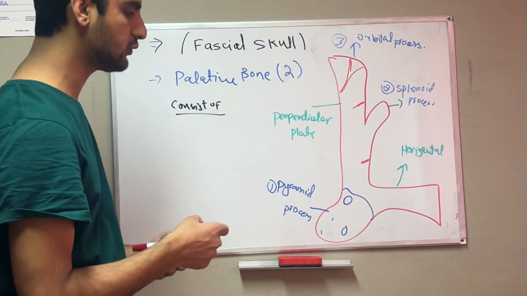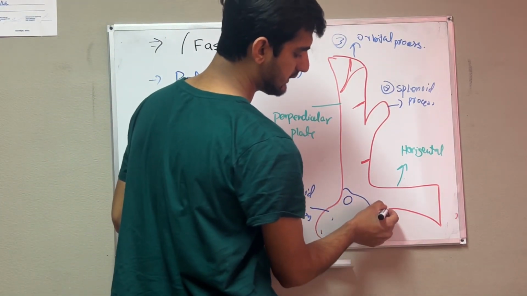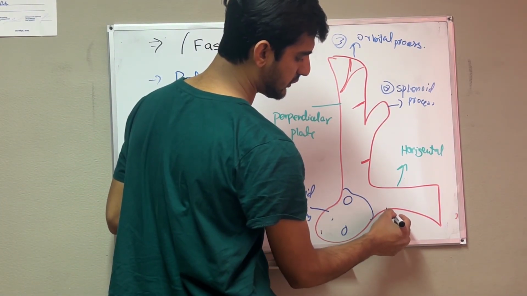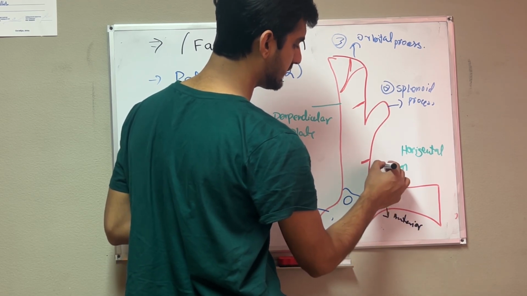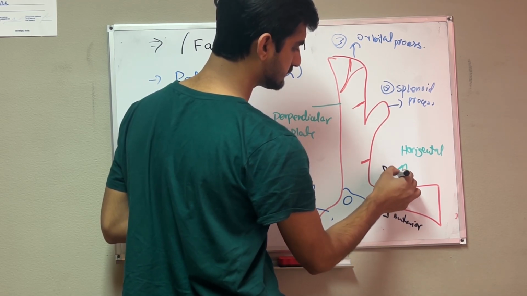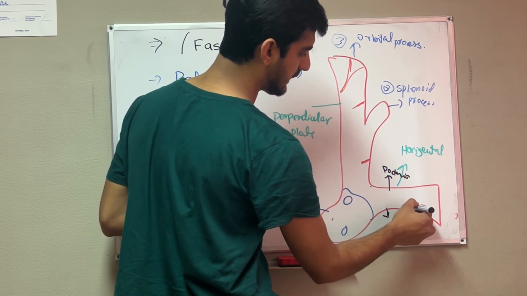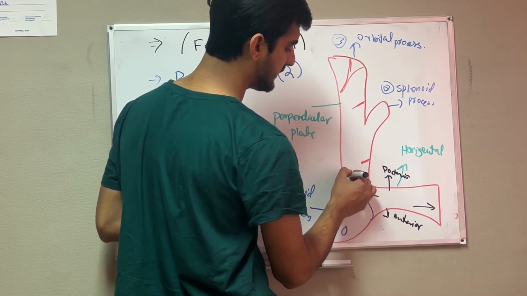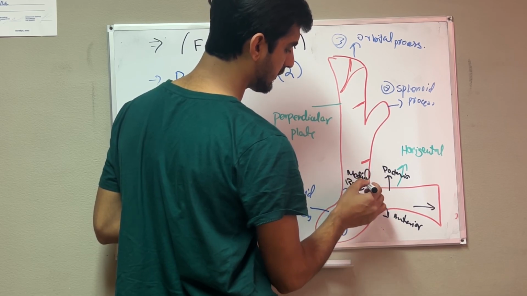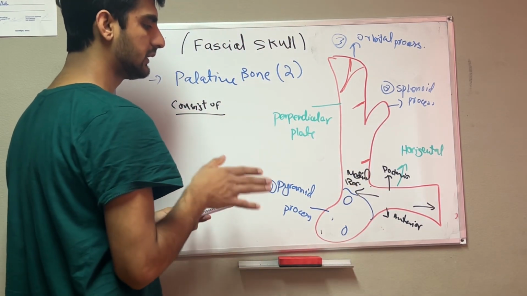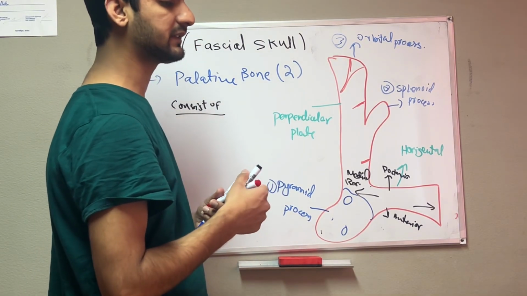Now here we have borders: the anterior border, and this is the posterior, and this is the middle border. The anterior border connects with the palatine process of the maxilla bone.